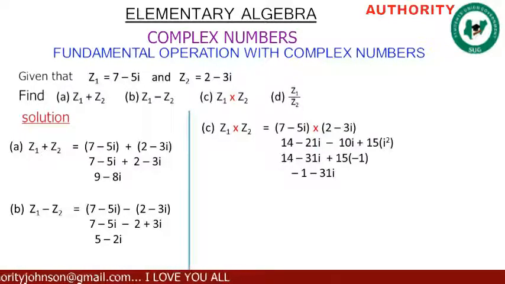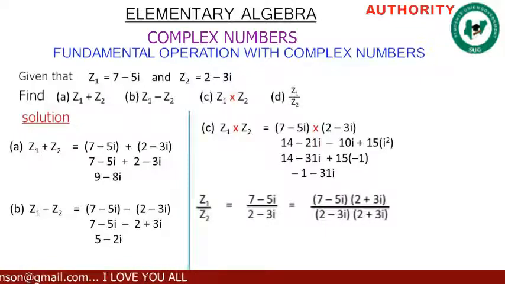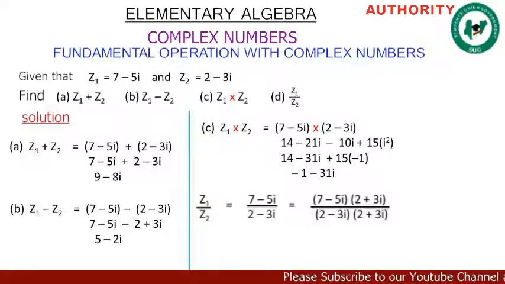All right, let's go. Number D, z1 divided by z2. So we are going to have 7 minus 5i all over 2 minus 3i. Okay, here we are going to multiply the numerator and the denominator by the conjugate of the denominator. Okay, so we're going to have 7 minus 5i multiplied by 2 plus 3i.